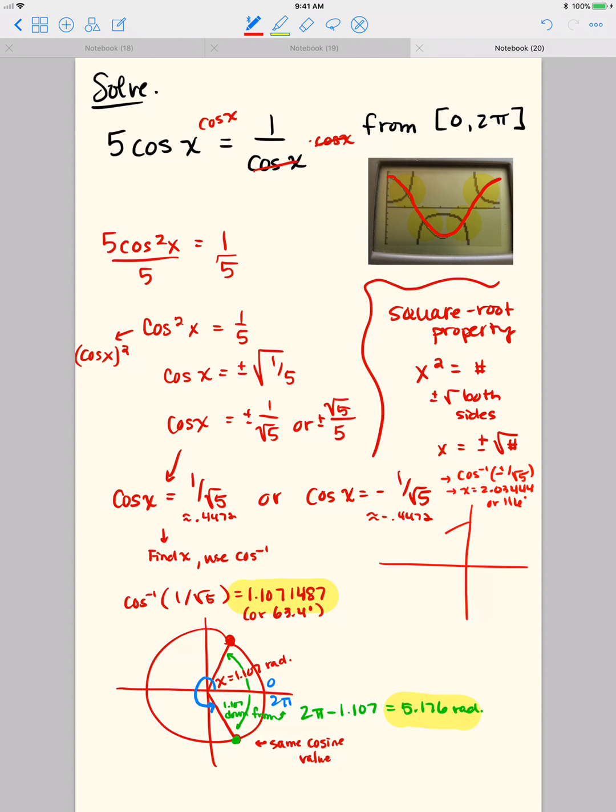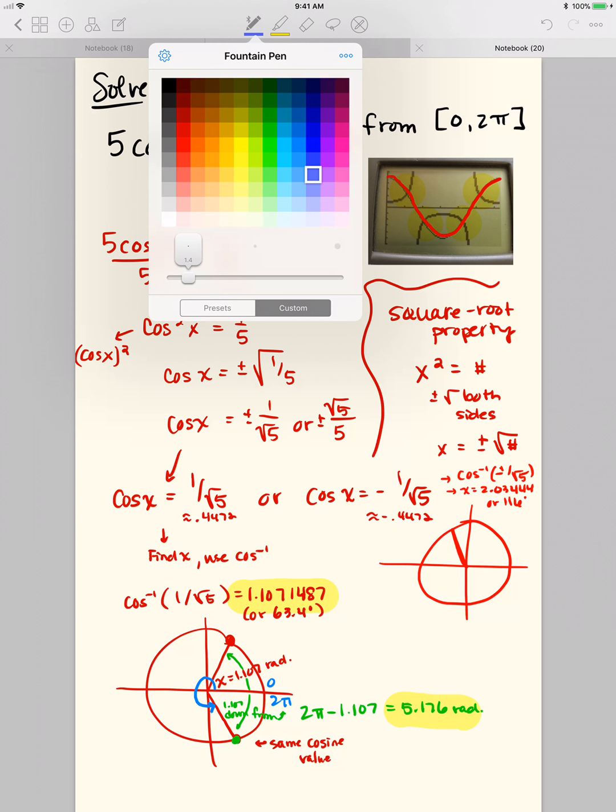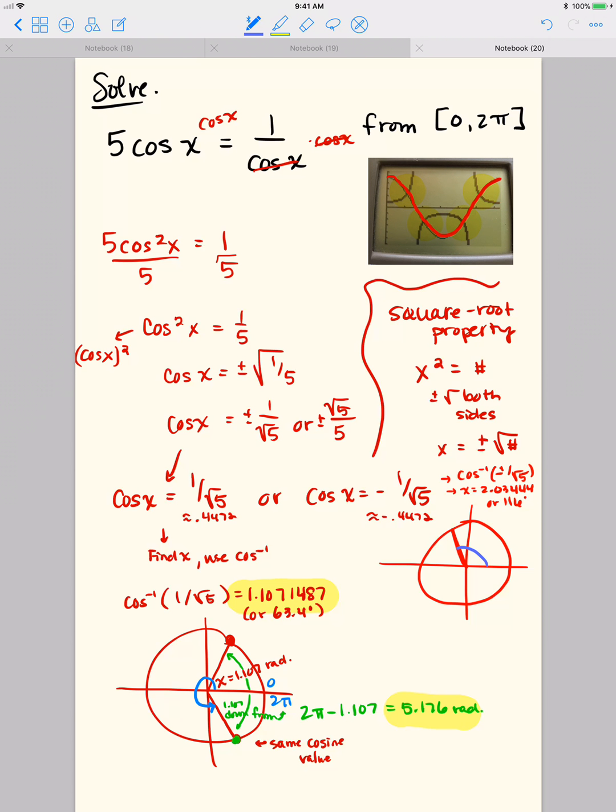So picture-wise, it's over here, somewhere like that, maybe 90 degrees up top. So there is my large 2.034 radian angle that lives in quadrant 2 that has a cosine of negative 1 over square root of 5.